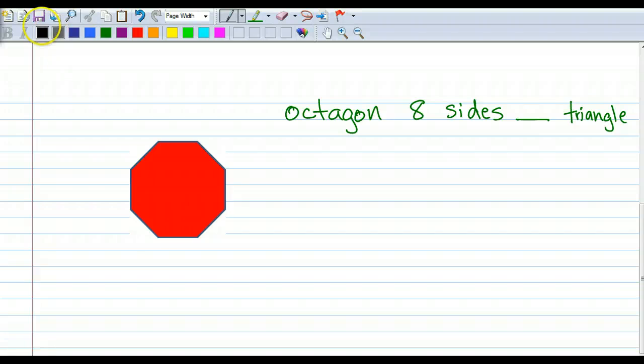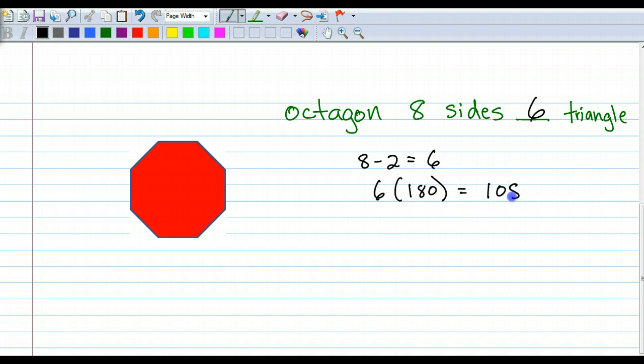It has 8 sides, so 8 minus 2 gives us 6. That means there's going to be 6 triangles. Each triangle is 180 degrees, so let's multiply it by 180. Get out your calculators. Plug it in. 6 times 180, and we get 1080 degrees.